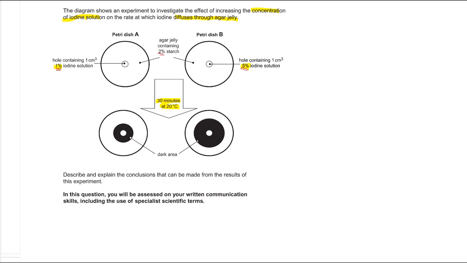So what we can see is a dark area. So here's what we can say about it. So first of all, the dark area is blue-black, and it forms because the iodine diffuses through the starch.